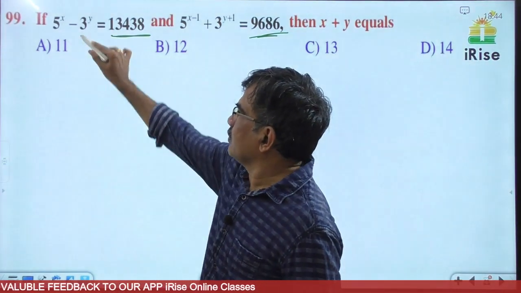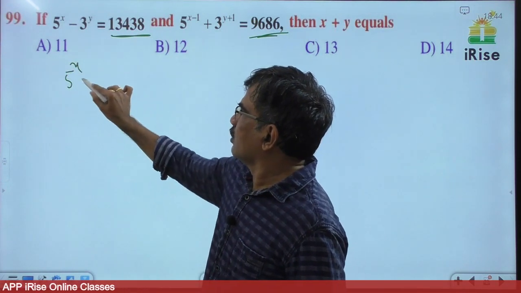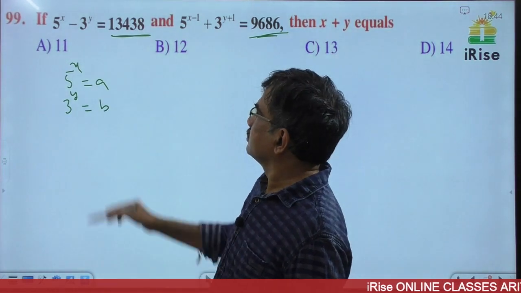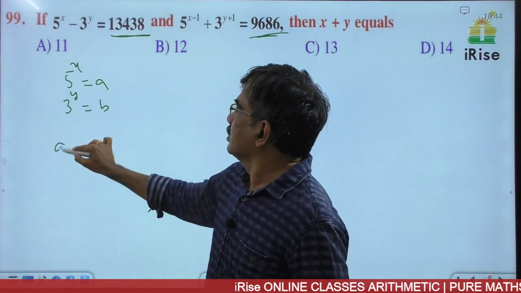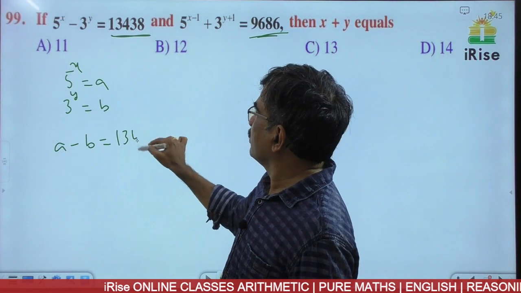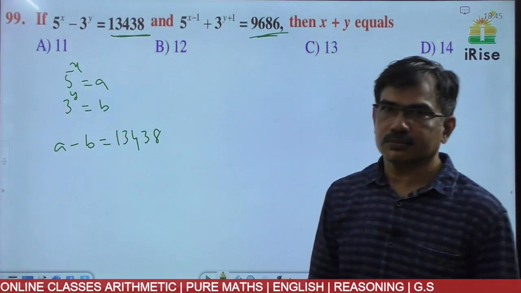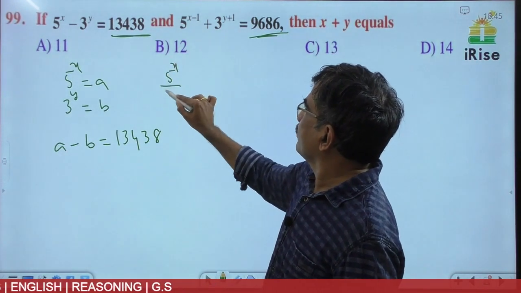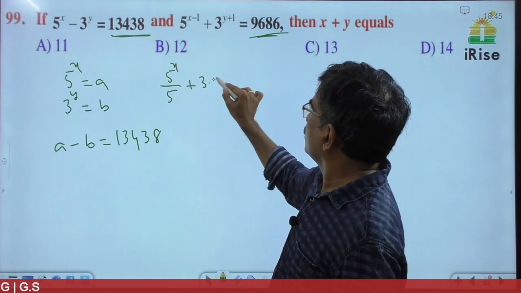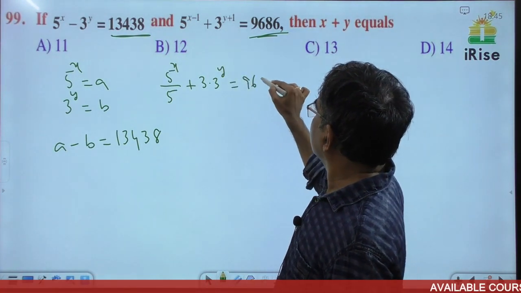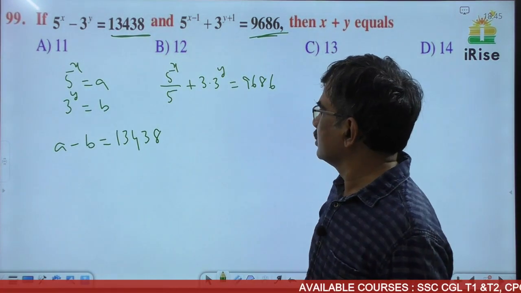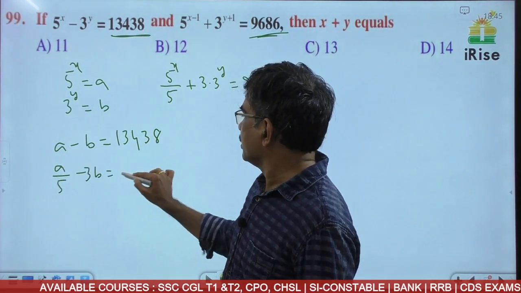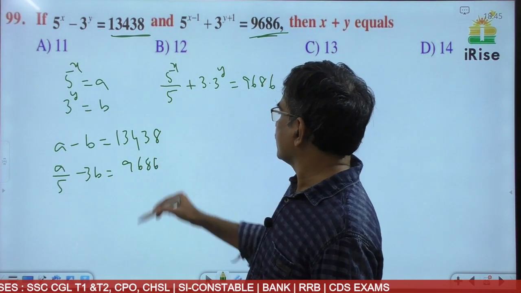Here 5 power x, I consider this as A, and 3 power y as B. Then the first condition is A minus B equals 13438. The second condition is 5 power x by 5 plus 3 into 3 power y equals 9686. This is A by 5 plus 3B equals 9686.